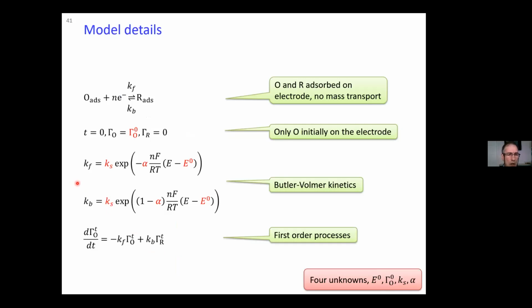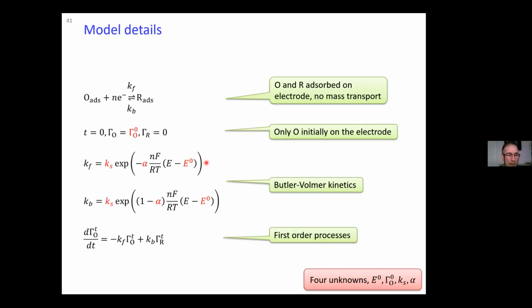It's a fairly straightforward mathematical model. We assume that both reactant and product are adsorbed on the electrode surface, and we assume that the electron transfer kinetics is controlled by Butler-Volmer kinetics.